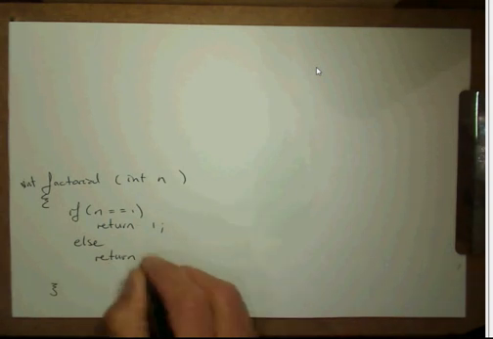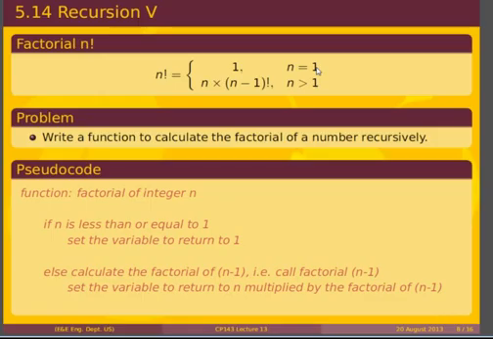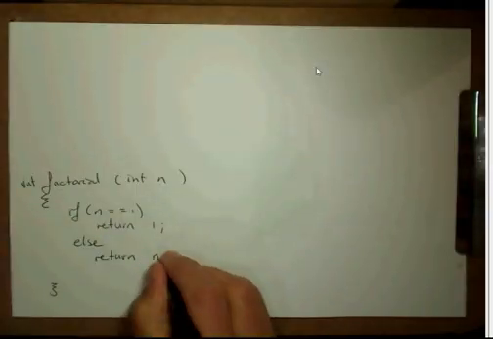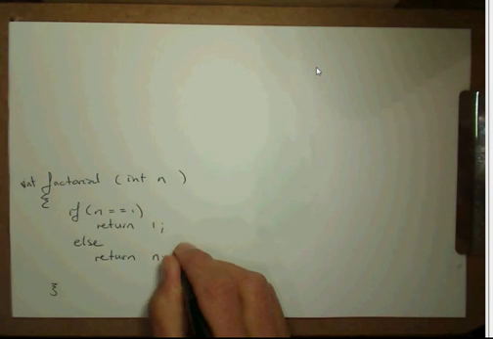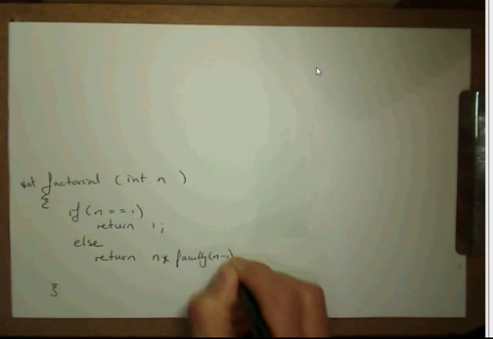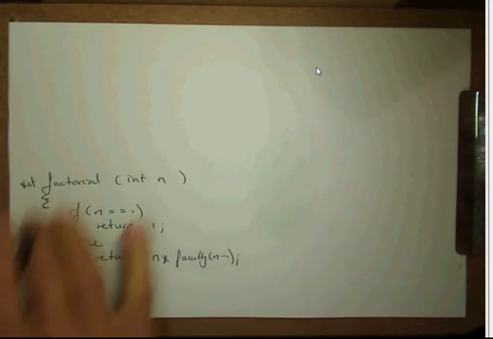And this something else we get from the definition is n times the factorial of n minus 1. Alright, so that's our factorial definition.